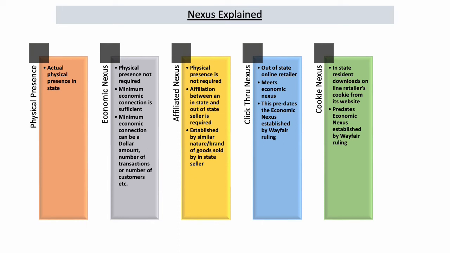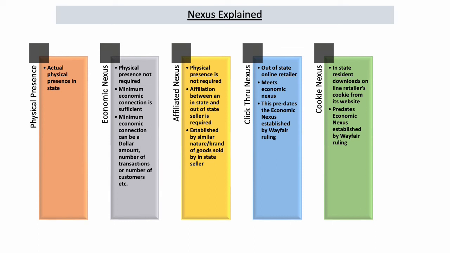The last kind of nexus is the cookie nexus, which again predates the Wayfair ruling and was also a tool used by some states to include the online retailers for collecting sales and use taxes. So what cookie nexus does is, if a resident of a state accesses an out-of-state retailer's website and downloads their app, or downloads a cookie on their computer, then it creates a nexus for that online retailer.